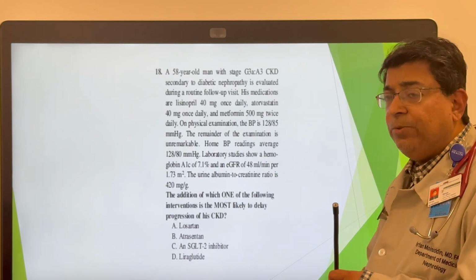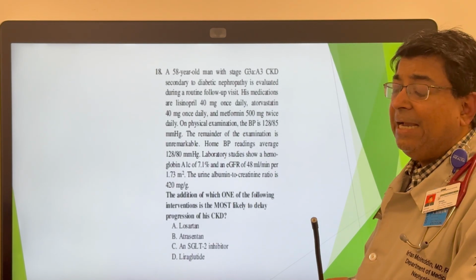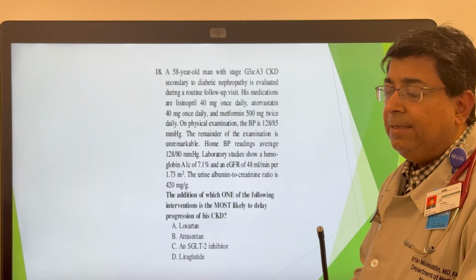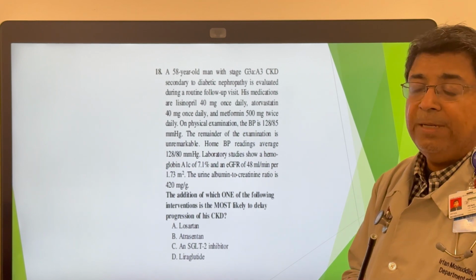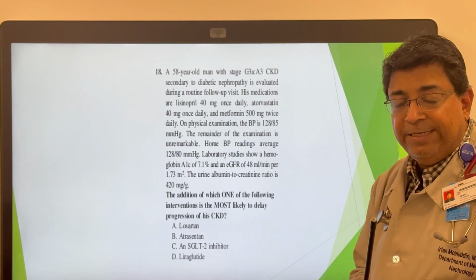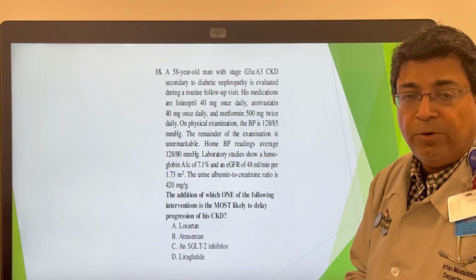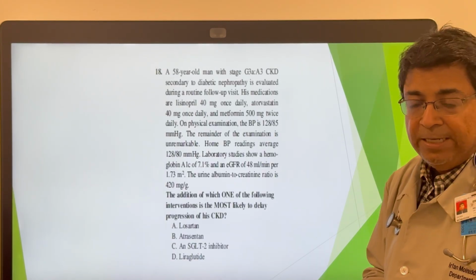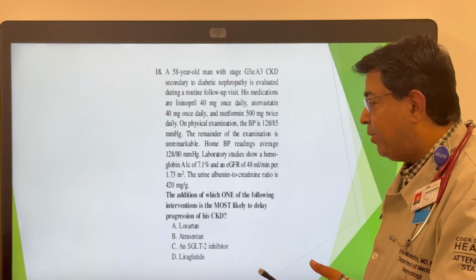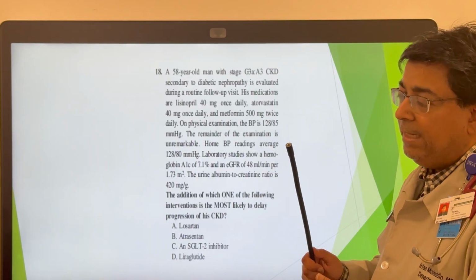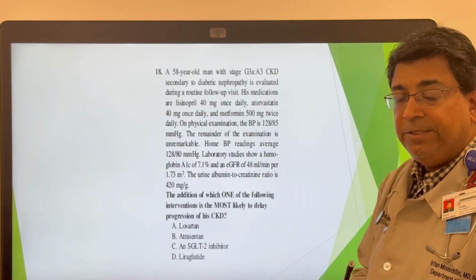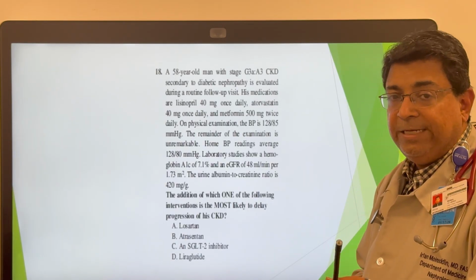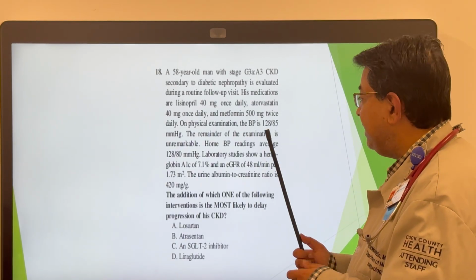So SGLT2 inhibitor is actually now being touted as indicated for prevention of progression of chronic kidney disease, even if you don't have albuminuria, even if you don't have diabetes. So aside from proteinuria and diabetes, progression of CKD, regardless of etiology, is thought to be an indication for SGLT2 inhibitor. Next slide.